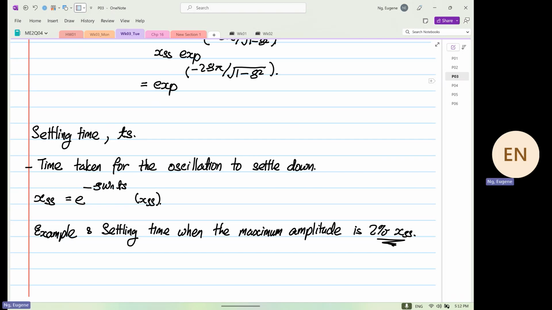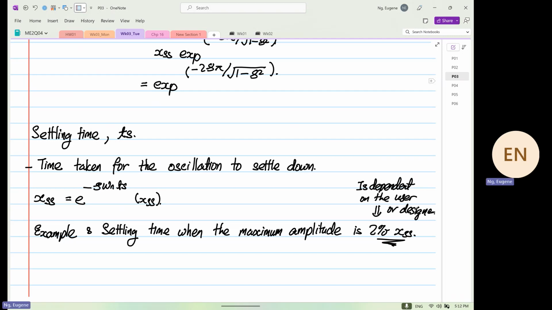It can be 2%, it can be 5%, it can be 10%, whatever you design on. So this 2% is dependent on the user or designer.